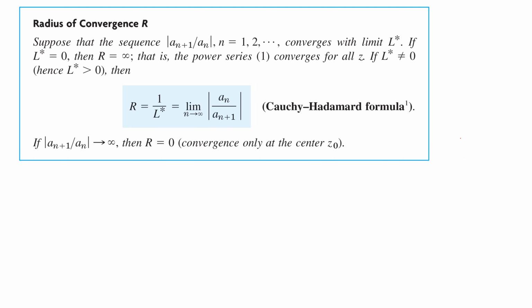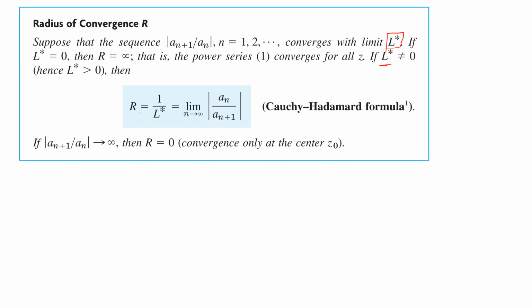How do we find the radius of convergence? From this theorem. Suppose that the sequence a_(n+1) over a_n, n from 1 to infinity, converges with limit L star. If L star is 0, then R is equal to infinity. That is, the power series converges for all z. If L star is not 0, then R is equal to 1 over L star. Of course, if L star is infinite, then R becomes 0. All right?